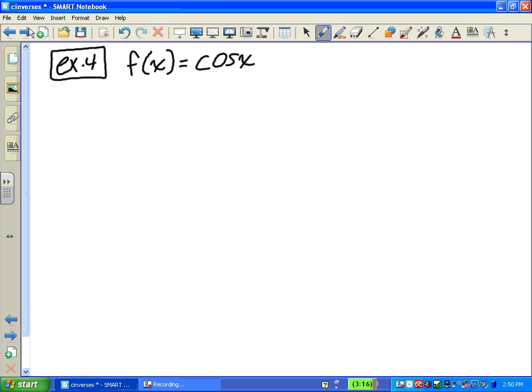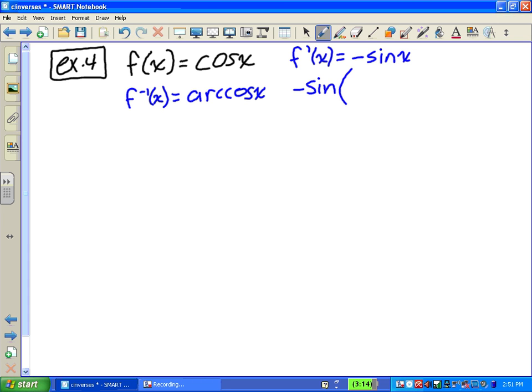Let's try another one. Well, f of x is cosine x, therefore f prime of x equals negative sine x. F inverse of x equals arc cosine of x. So we have negative sine of arc cosine of x. And by the same process, we can evaluate that to a simpler expression.